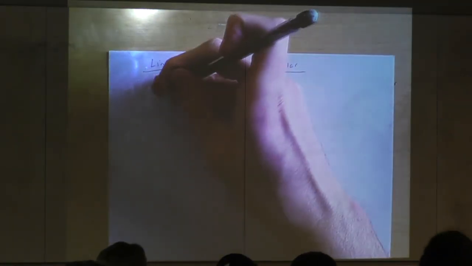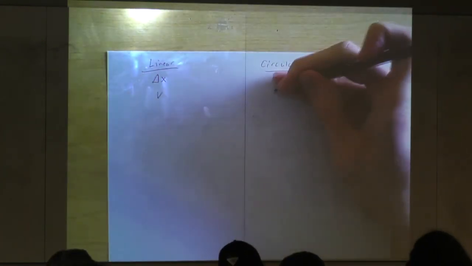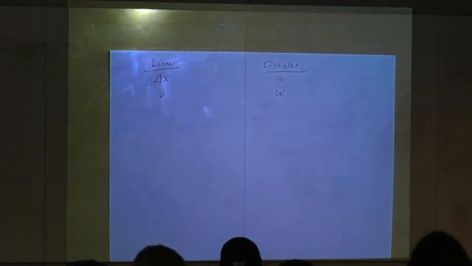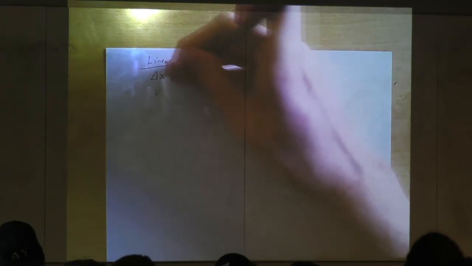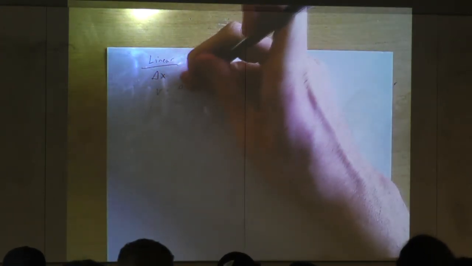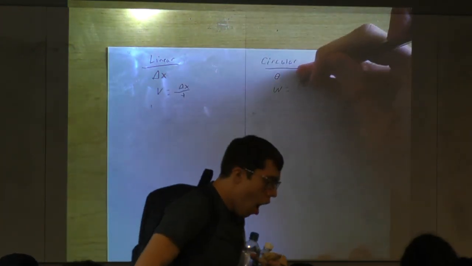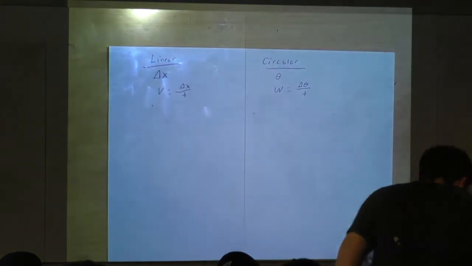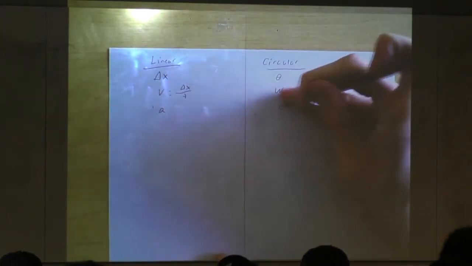In linear, we have a velocity. In circular, we have w. Our velocity over here is v equals delta x over some time. Over here, this is equal to our change in radians over t. Over here we have a, over here we have alpha.